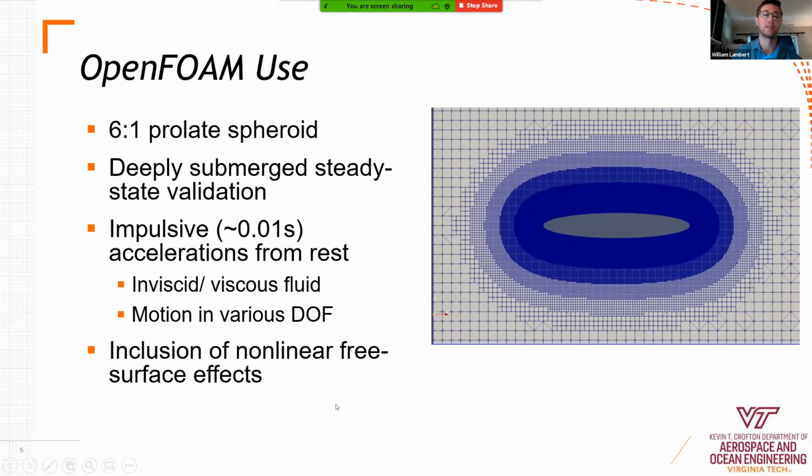And we're looking at this difference in the inviscid and viscid fluids to see if there could be a viscous fluid correction, especially when we go back to that original model that was based on boundary element methods. We're looking at the motion in different degrees of freedom, so in surge or in sway, and we especially want to look at this near the free surface to capture the inclusion of the nonlinear free surface effects.